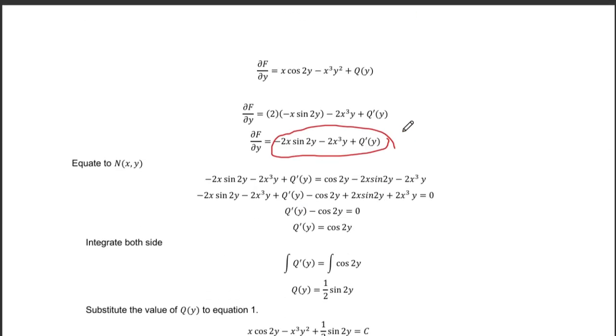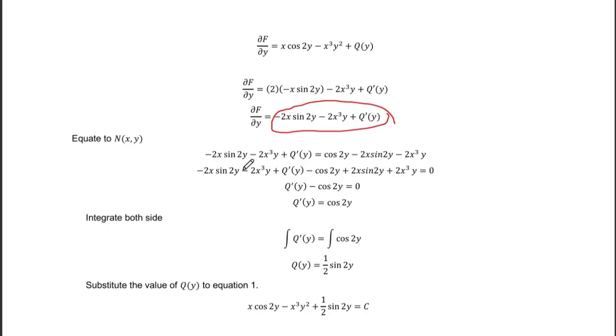So we will have negative 2x sine 2y minus 2x cubed y plus q prime of y is equal to cosine 2y minus 2x sine 2y minus 2x cubed y. So cancel out those with the same terms.